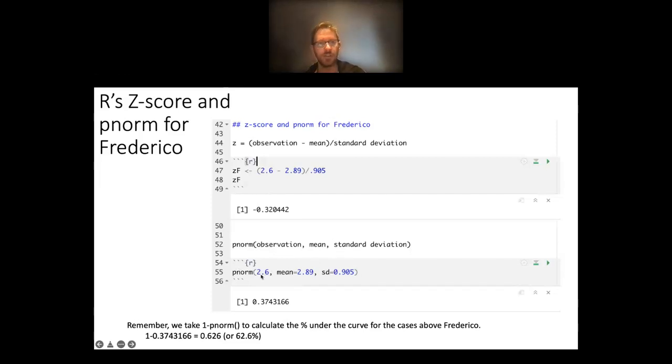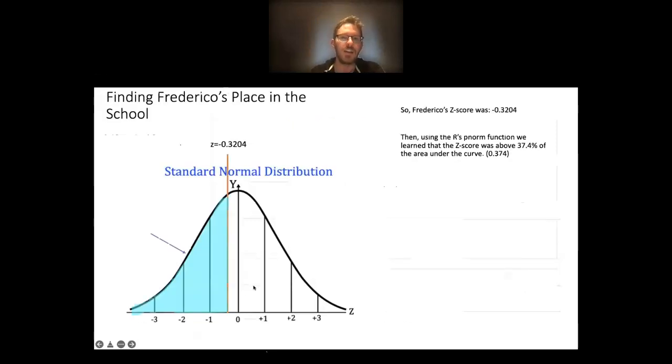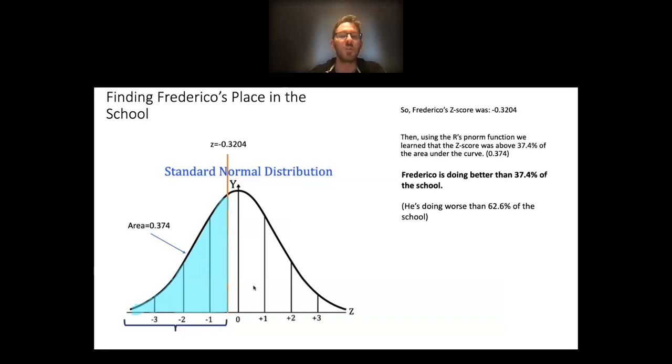It just does a different little thing behind the scenes that you don't need to know. But pnorm gives us 0.374, meaning that for Federico, his GPA is higher than 37.4% of the class. It also means that he's doing worse than about 62% of the class.